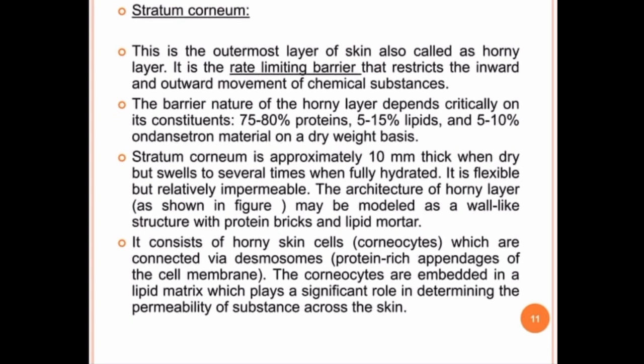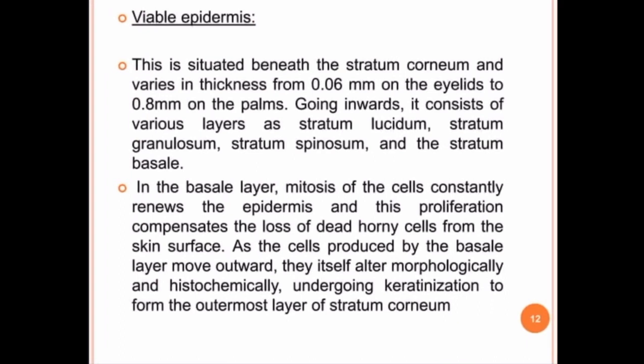It consists of corneocytes, which are connected via desmosomes, and the corneocytes are embedded in the lipid matrix and play a significant role in determining the permeability of the substance. Variable epidermis is situated beneath the stratum corneum and has a thickness of 0.06 mm, and on the palms 0.8 mm.